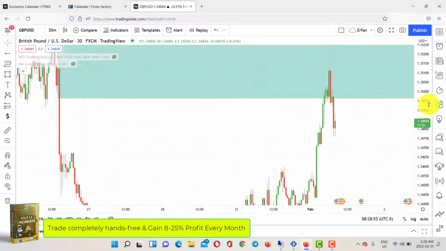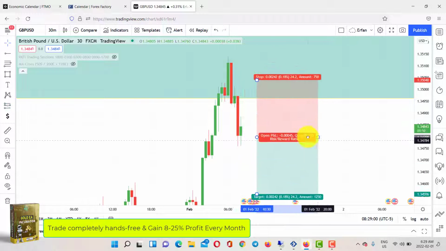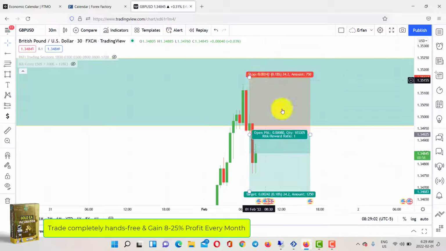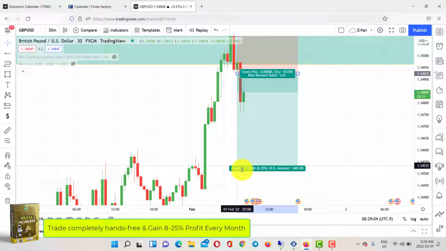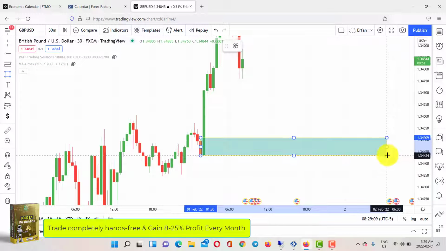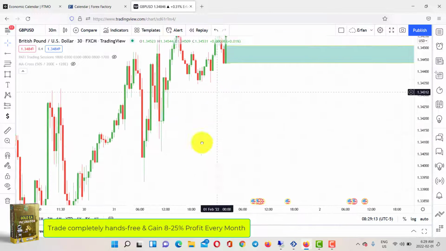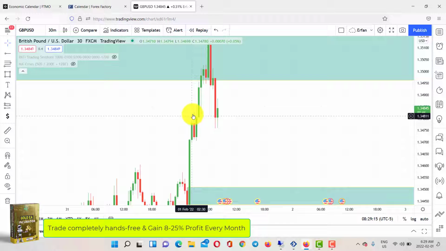Wow, it was beautiful. If I woke up 30 minutes earlier, I could take my sell position here and close it here. That would be awesome, because we have this high probability order block here as well in 30 minutes. Very, very good. Two important order blocks.